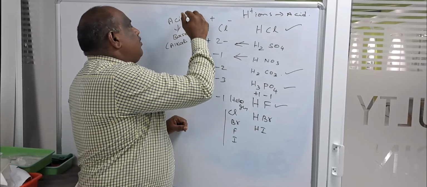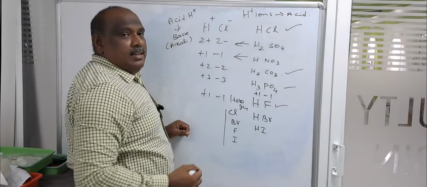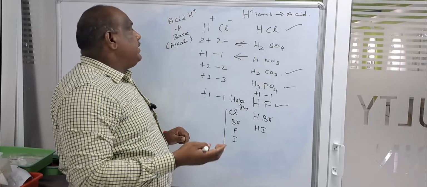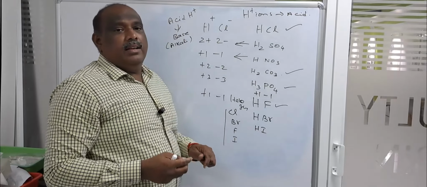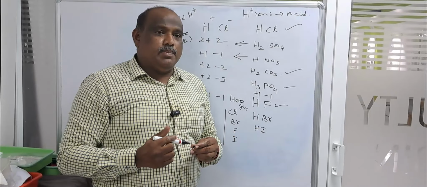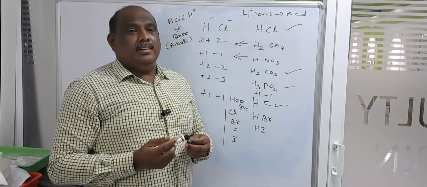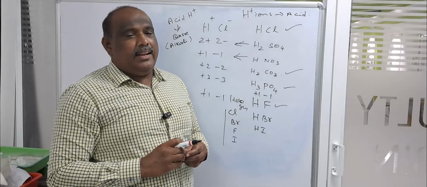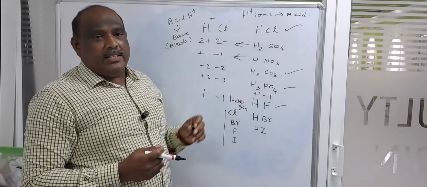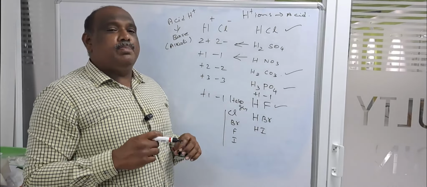So the acid formula should have H plus. Now I'm asking what should be the similar group for a base? It should be minus. H minus? Here for acid we have H plus. Here it should have minus, but which minus?